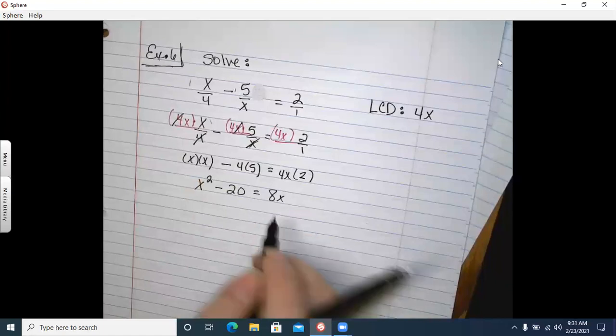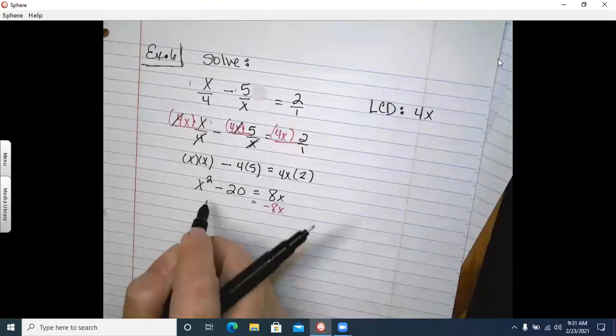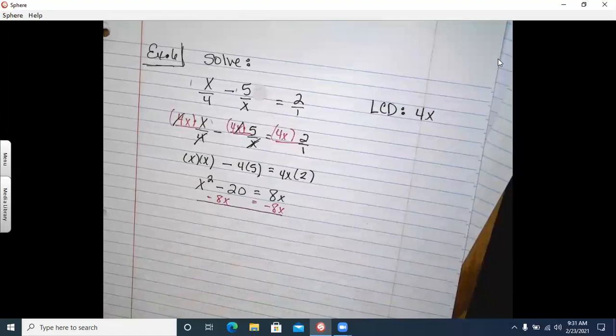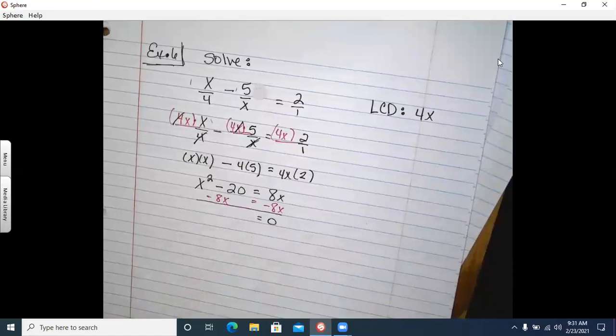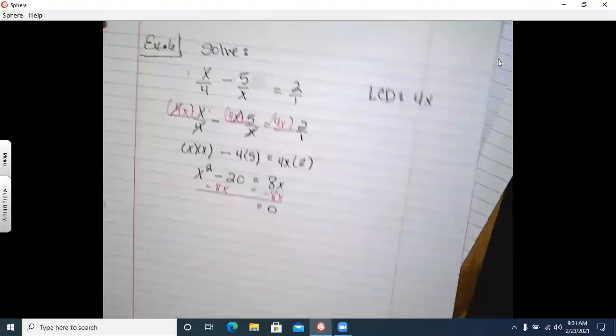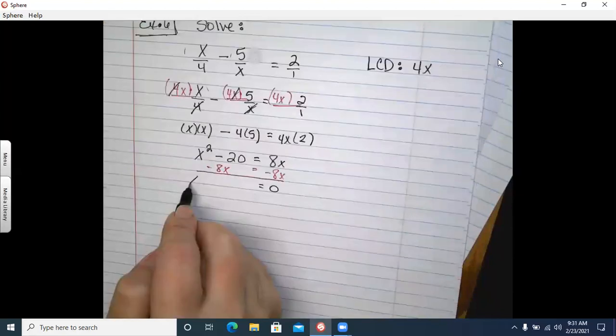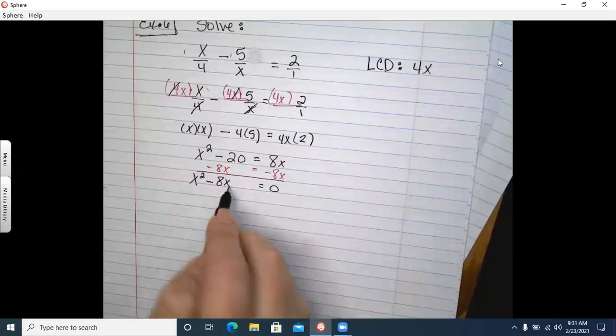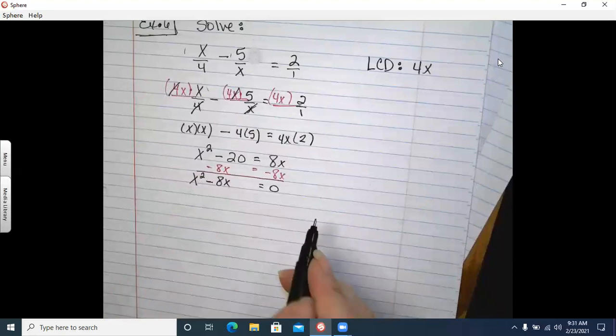Subtract it, very good. So on the right side, everything cancels. On the left side, are any of those like terms? No, we can't combine any of them. We need to put it in standard form. What term would come first? X squared, minus 8x, and then negative 20.